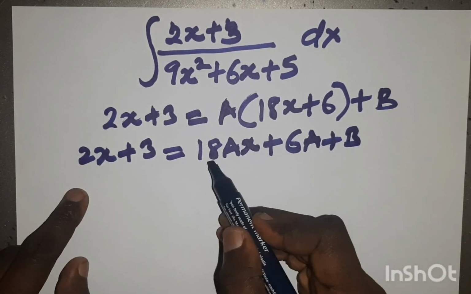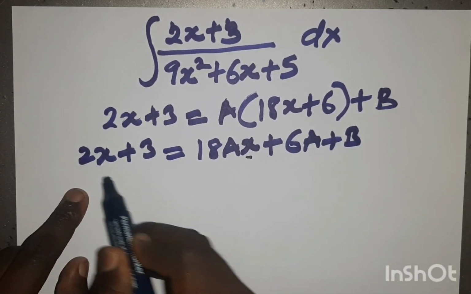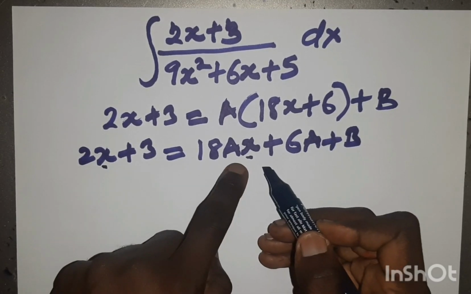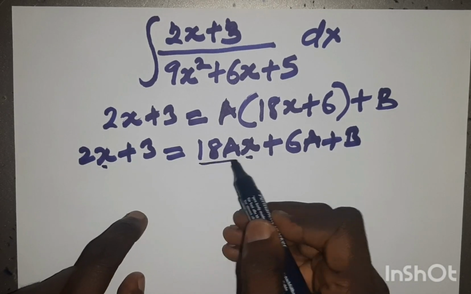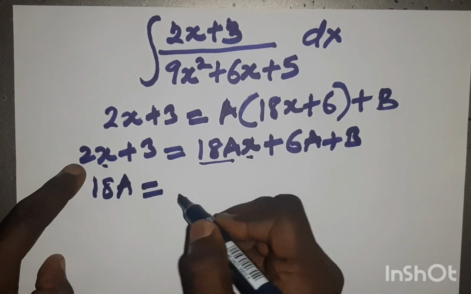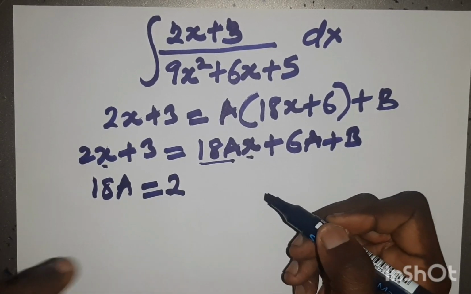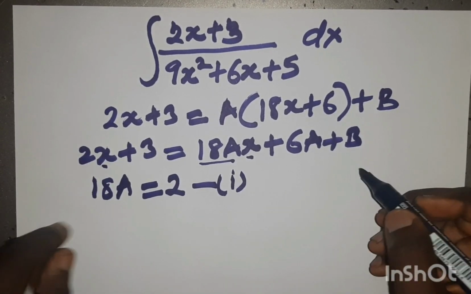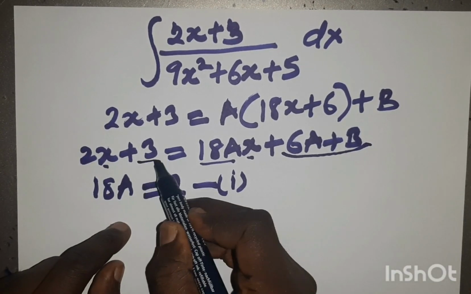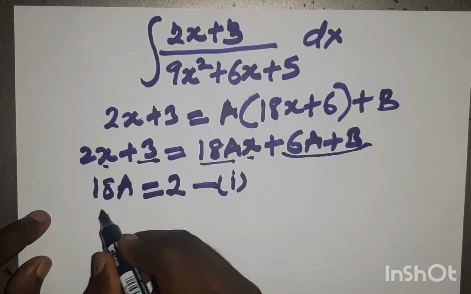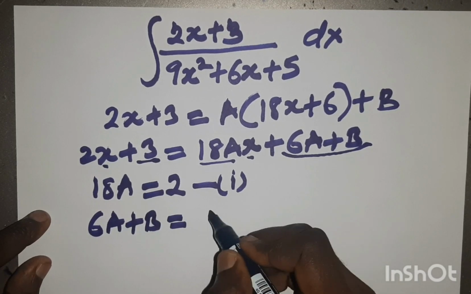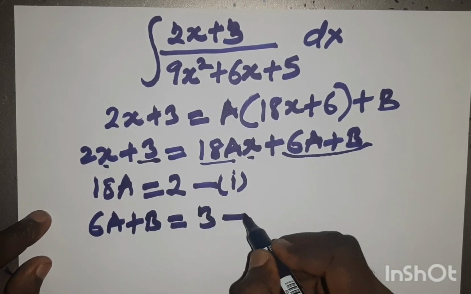I have 18a with the variable x and 2 with the variable x, so I'm going to equate them because they correspond. So 18a will be equal to 2. That will be my equation 1. And then the constant: 6a plus b, having no variable, will be equal to 3, also a constant. That will be my equation 2.